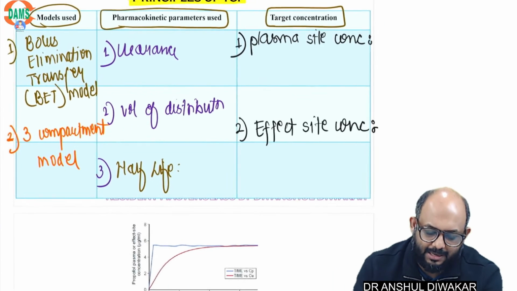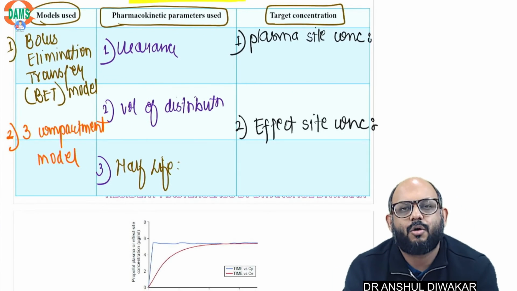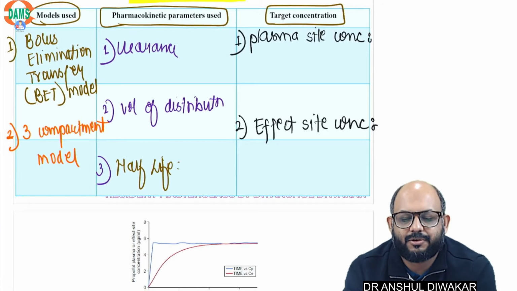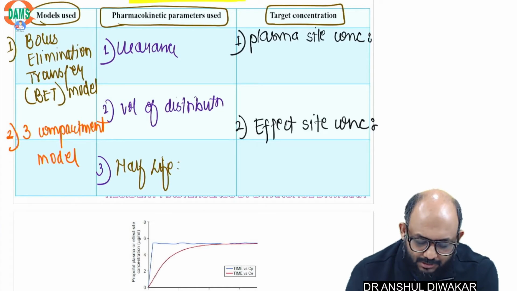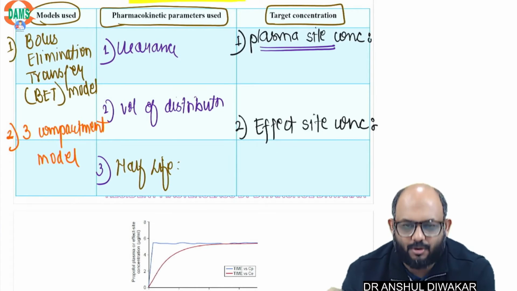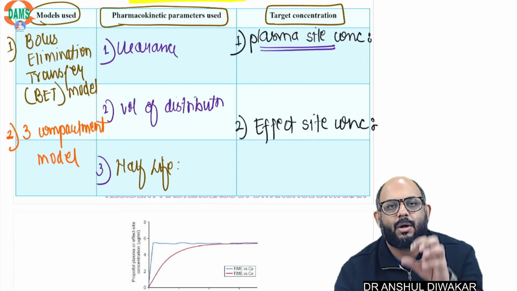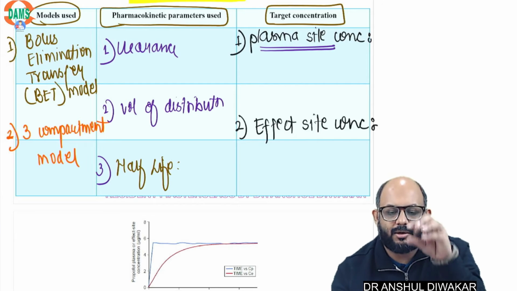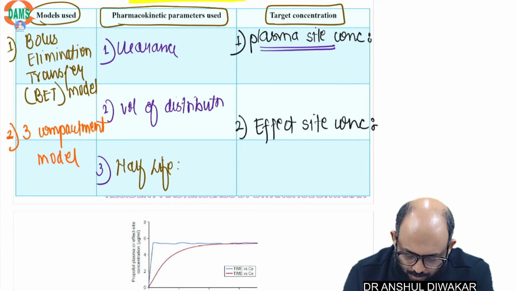When you target plasma site concentration, you want to achieve a desired concentration in plasma.